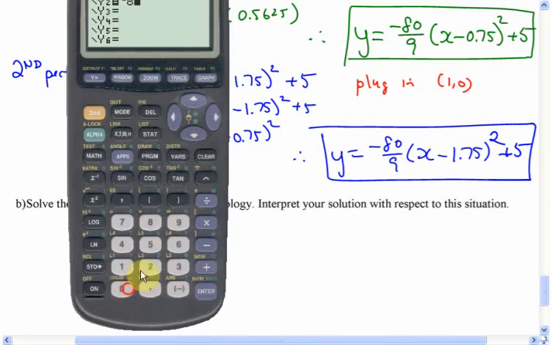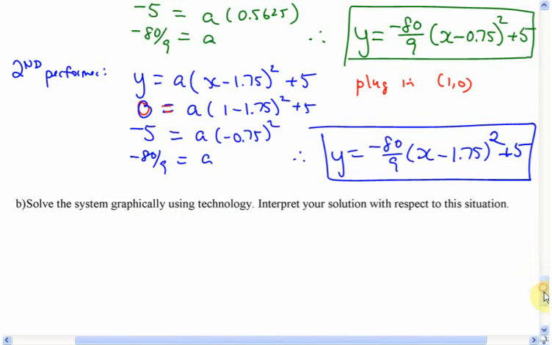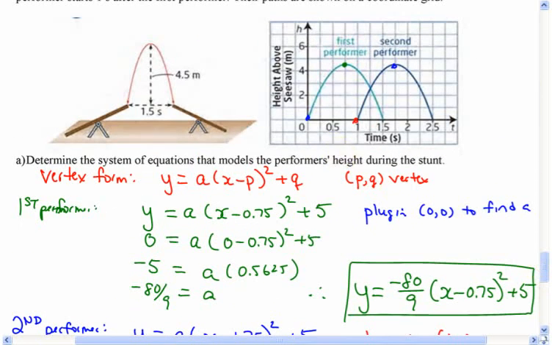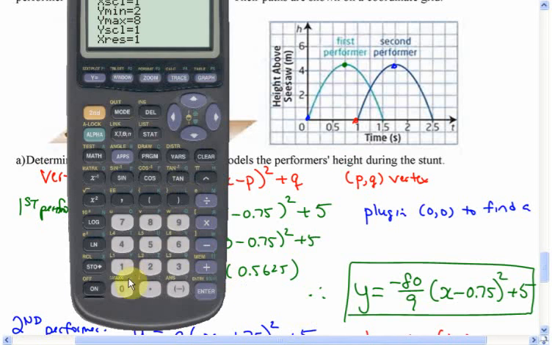Do the same thing again, 80 over 9, x minus 1.75 all squared, plus 5. I will change the window to look like the one that was given in our notes, from 0 to 2.5 seconds. That's your x. And then how about from 0 for y to, looks like 6.